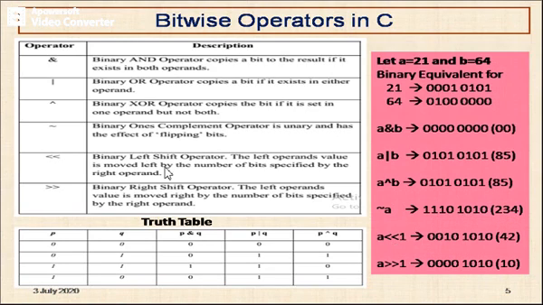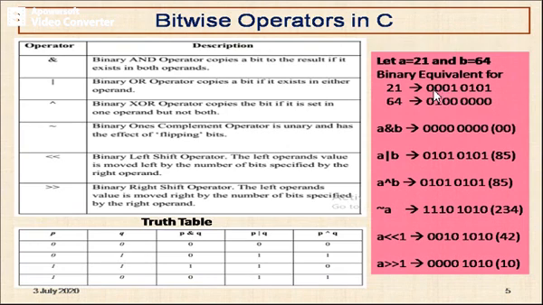And coming to the shift left and the shift right operators. Okay. So this is binary left shift operator and binary right shift operator. That means the binary left shift operator will shift the contents of the input left by one location. You see here, all these bits are shifted left by one location.